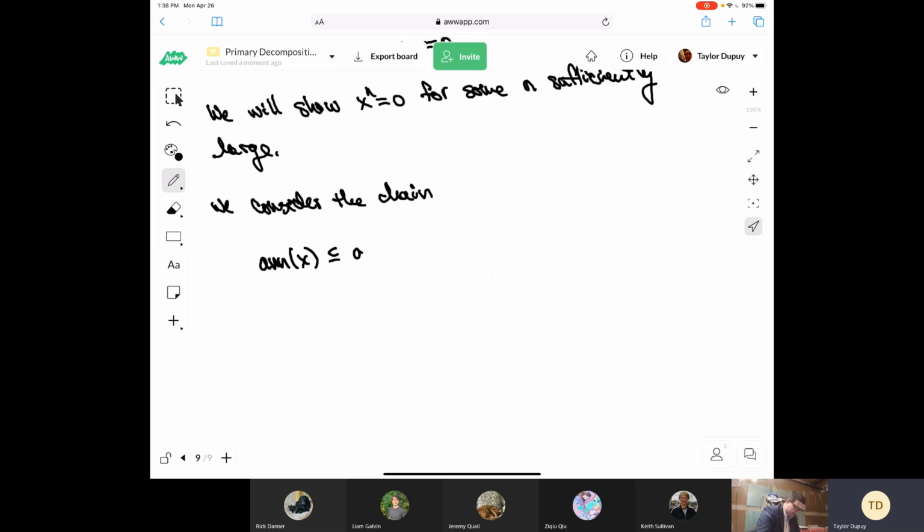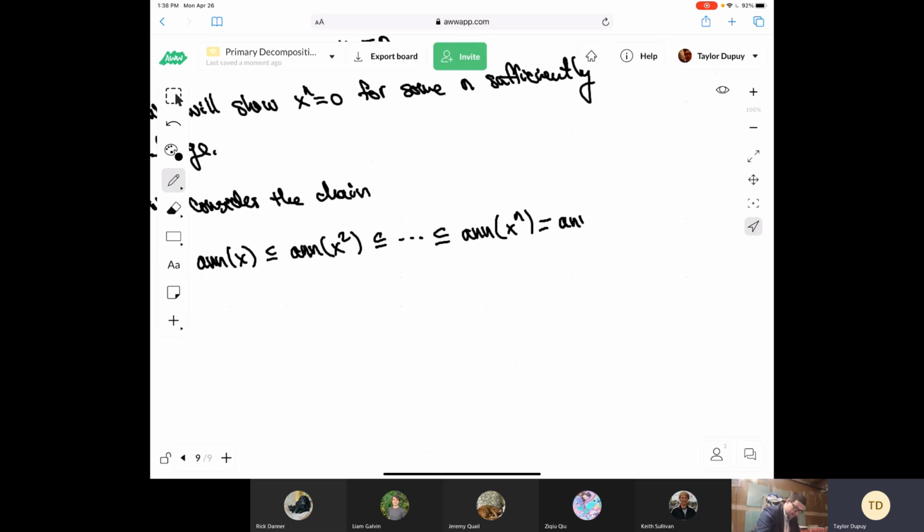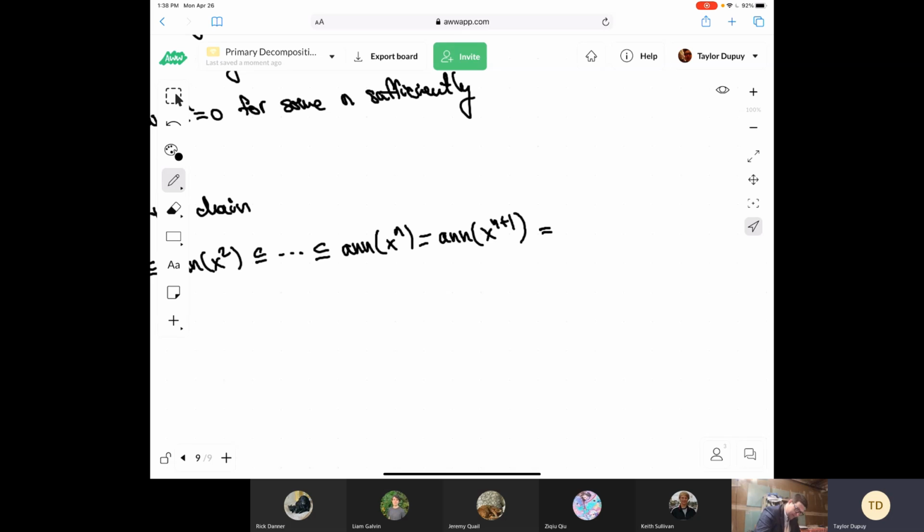This is contained in the annihilator of x squared, which is contained in the annihilator of x^n. And then at some n it's going to kick in so that these things are the same. This is the same as the annihilator of x^(n+2). And at this stage, this is where the Noetherianity kicks in.